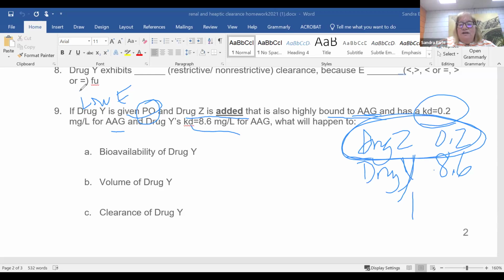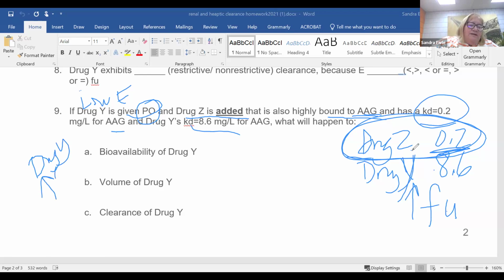Drug Y is going to have an increase in the fraction unbound because drug Z is going to be preferred, because it has the lower KD, right? So I would have to write this down. Drug Y, what's happening is it has an increase in fraction unbound.